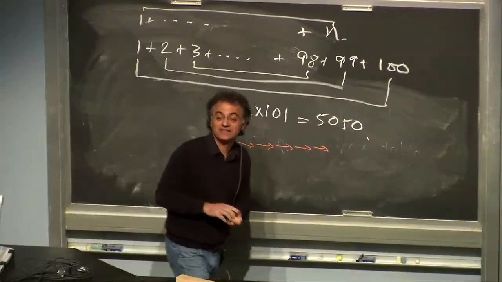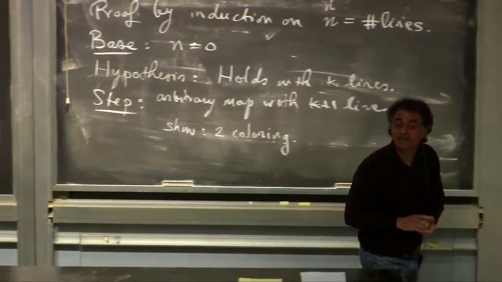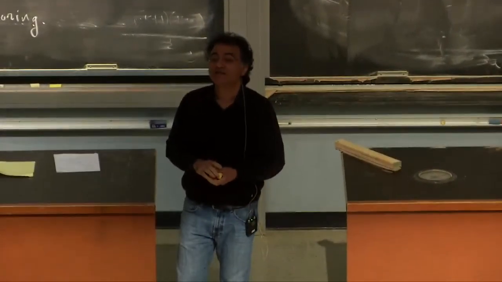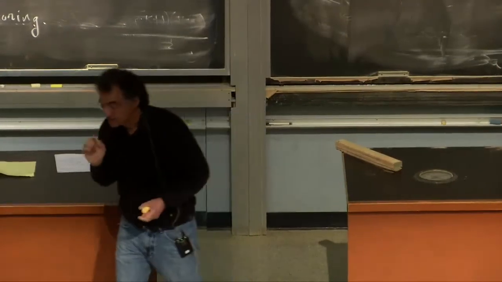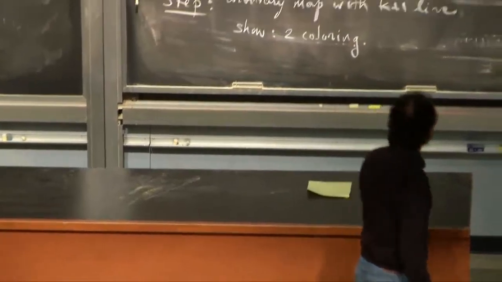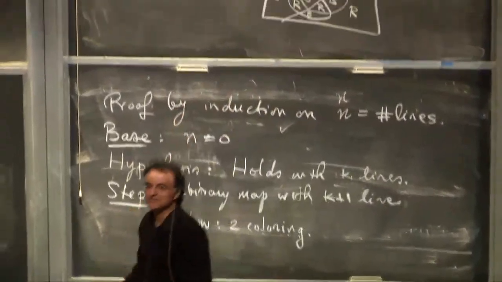Yes. I'm sorry? How do you determine the domain? I'm sorry, I'm having trouble hearing you. Okay, so you're asking, how did we formulate this two-color theorem?